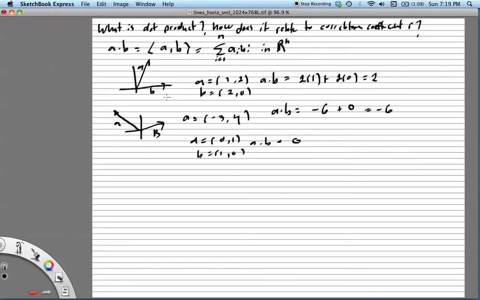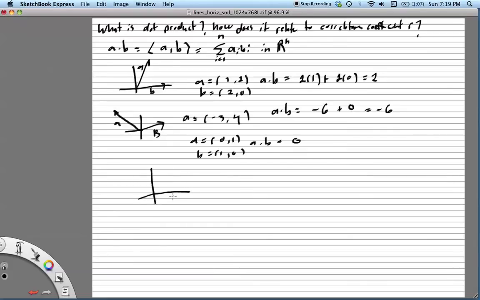Okay, so something happens here as we approach the y-axis. We're going to approach 0, and then we can grow from there in the negative direction. So we've got some sense of what's going on here. Okay, I'm hoping that this example is very informative.